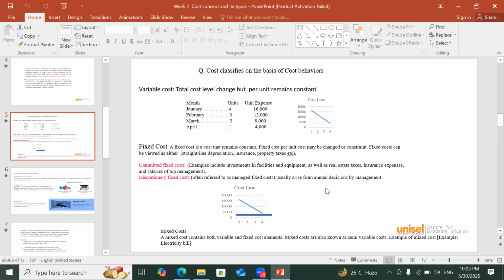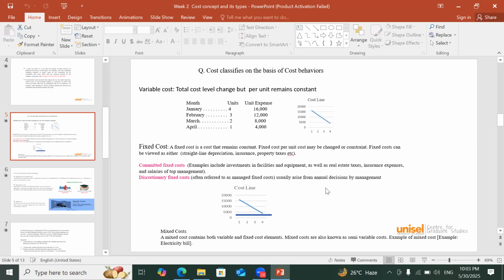Say, for example, I will give an example of electricity bill, because in the electricity bill the minimum charge or demand charge is fixed and the total cost is variable, because those units you consume, you pay on the basis of your consumption. So the minimum charge is fixed cost and the rest is variable cost. This is the example of mixed cost.